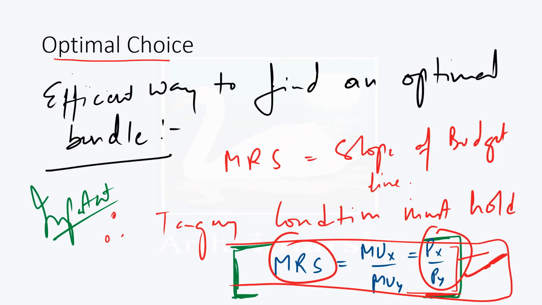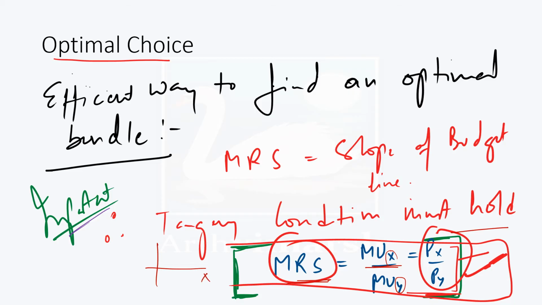Now, what we are concluding in this section is that the efficient way to find an optimal bundle is the point where your MRS is equal to the slope of the budget line. As we have derived this expression, and this is very important even for our upcoming themes, your tangency condition must hold, and this is given as MRS equal to MUx over MUy, where X and Y are commodities in the XY plane.